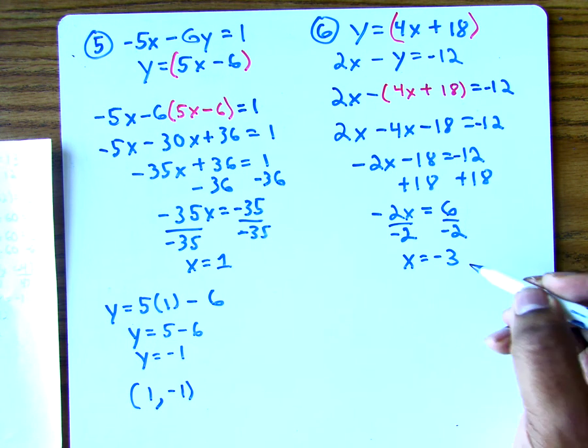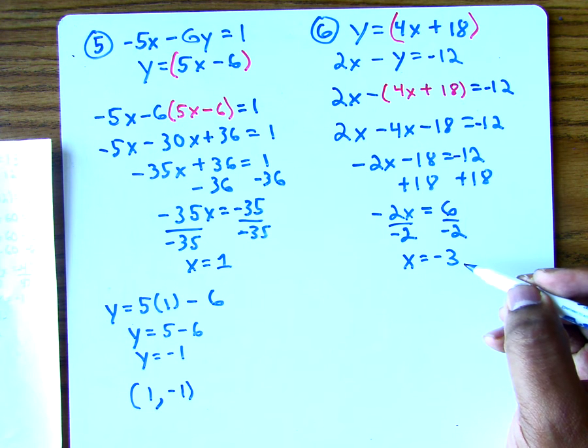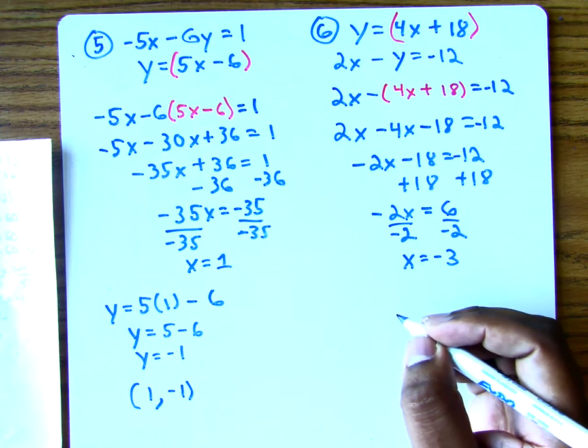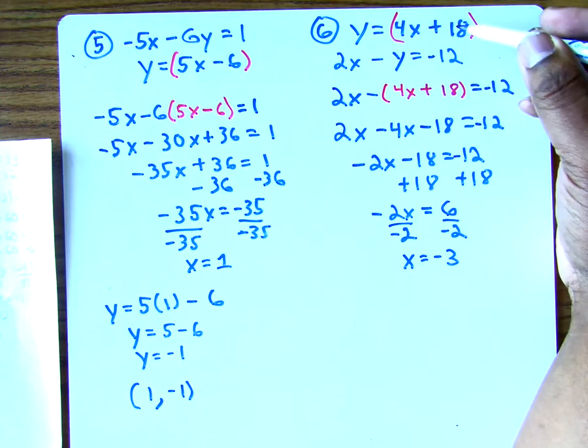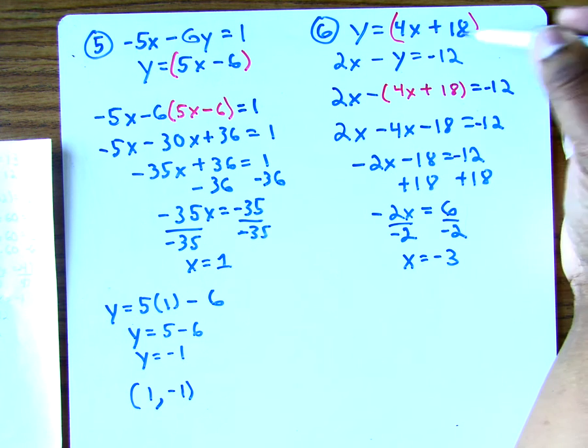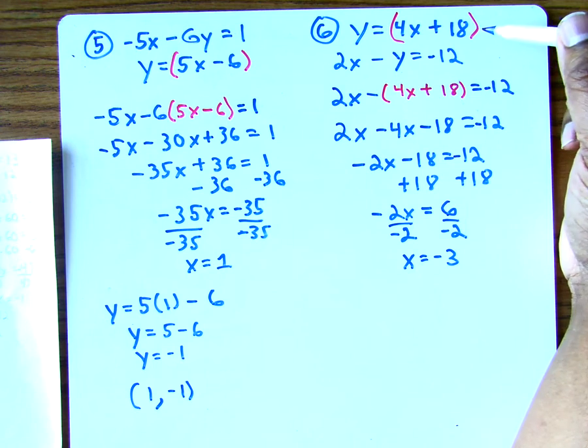Now we take our negative 3 and plug it in for our x value into the y equation, because it's the easiest one to work. You don't even have to do algebra, you just have to do arithmetic on one side.